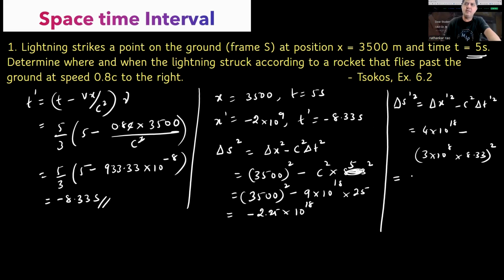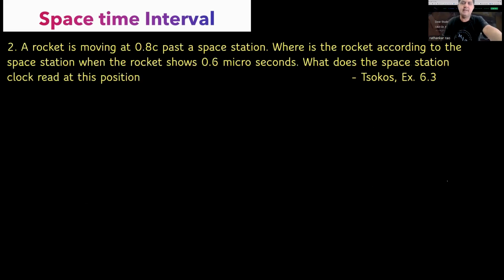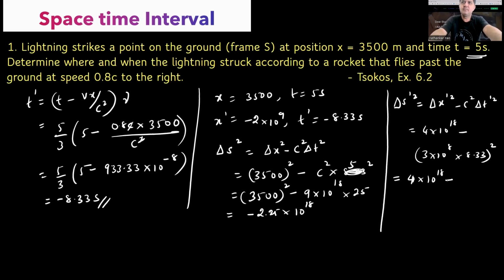So this should be 4 into 10 power 18 minus 624.5 into 10 power 16. Now you see 10 power 16, 10 power 18 here.